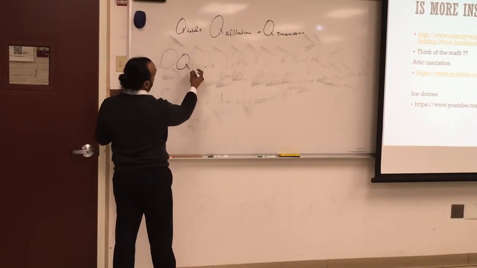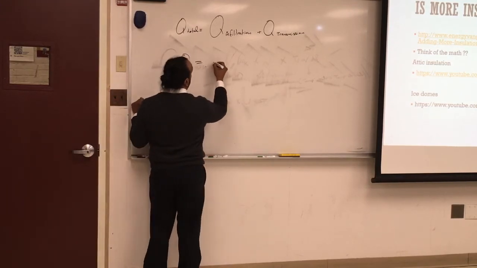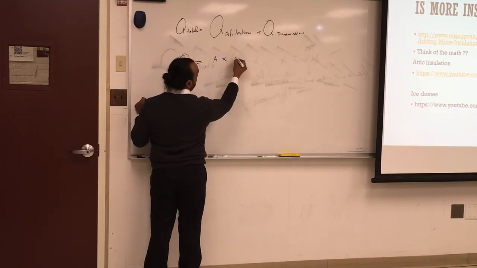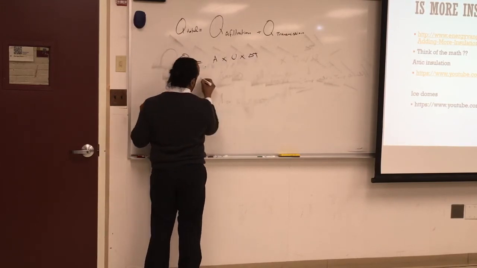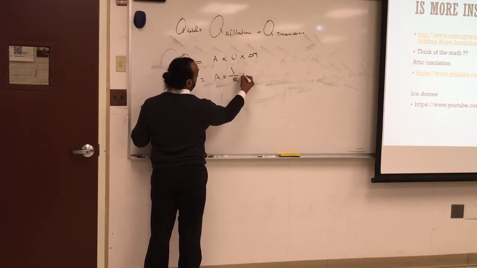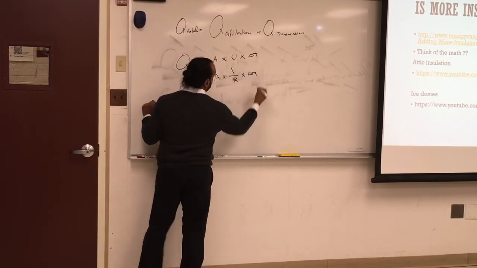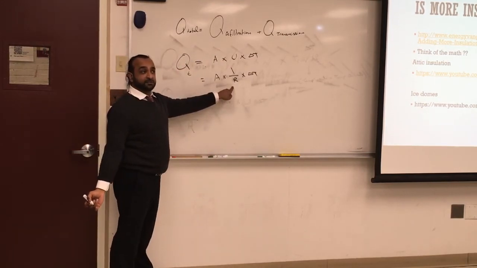So how do we get that equation? Again, area times U times delta T. How do we get there? Area times 1 over R times delta T. But the resistance is always the total resistance.